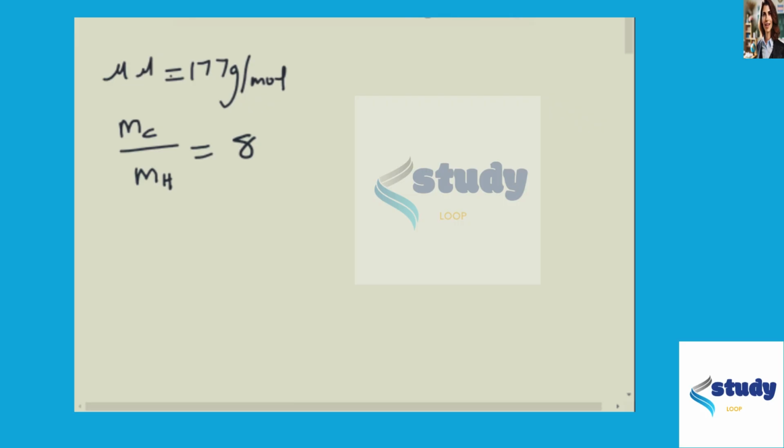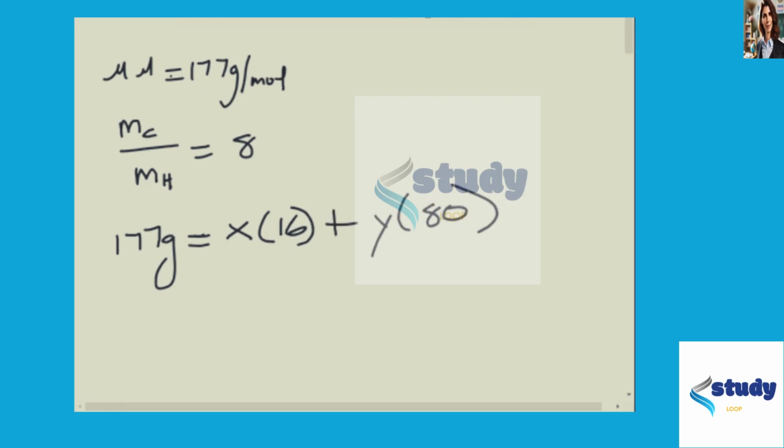So here, let's just say we have 1 mole of our compound. So 1 mole of our compound would have 177 grams, which would be equivalent to X times the molar mass of oxygen, plus Y times the molar mass of bromine, and we'll just take the molar mass of bromine to be 80, plus Z, the amount of hydrogen, so Z would be plus 1.